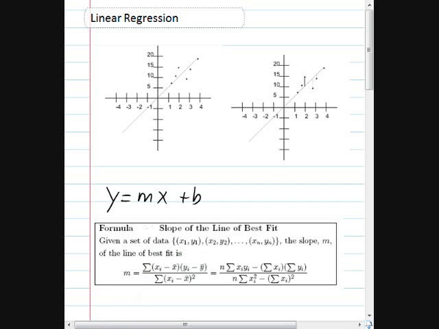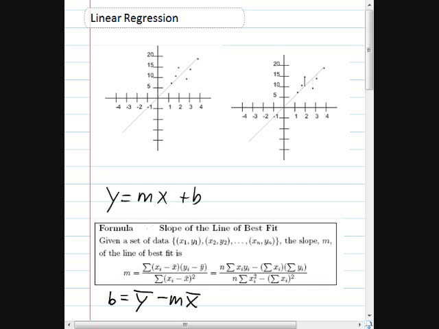And then we'll divide that by the sum of the square deviations of the x-coordinates. Once we find the slope of the line of best fit, then the y-intercept b is equal to the mean of the y's minus the m we just found times the mean of the x's.